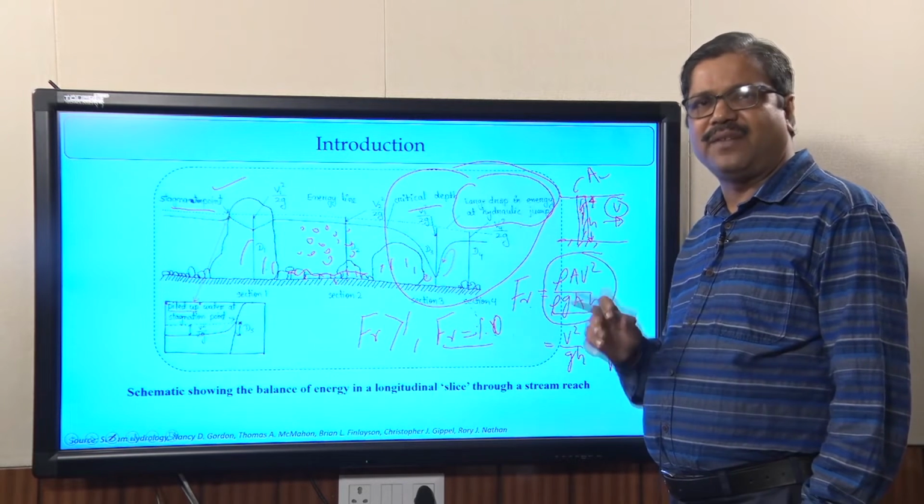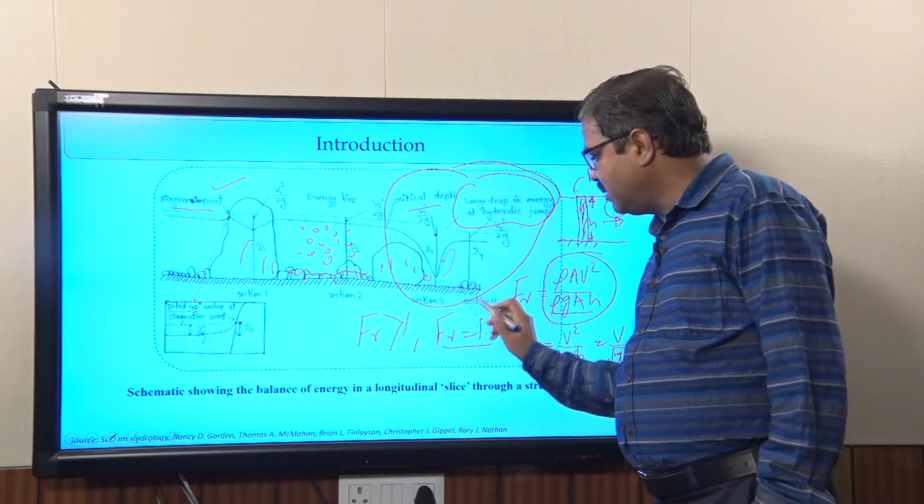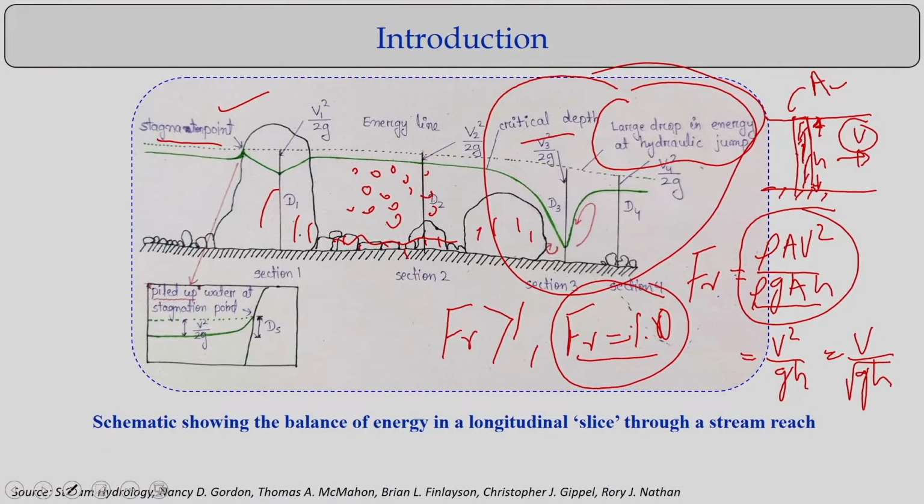That condition happens when you have critical flow, where the flow Froude number is equal to 1.